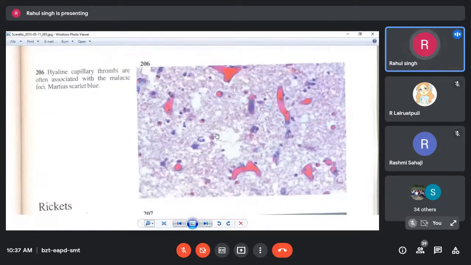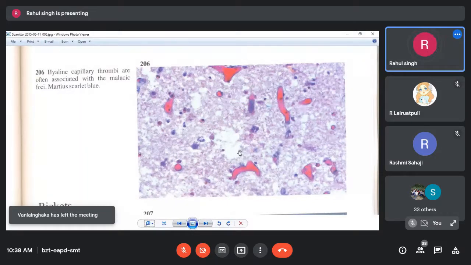Now these are the capillary thrombi, like in case of, for example, salmonellosis, E. coli. In those diseases where disseminated intravascular coagulopathy takes place, the thrombosis occurs in the microscopic capillaries.